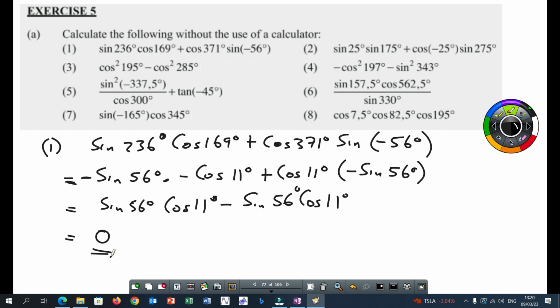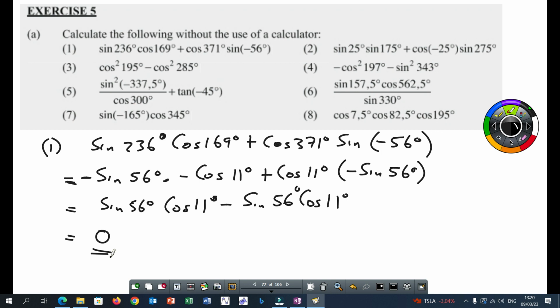Let's say we convert this one here to cos, so that you end up having cos 34 degrees, right? Then you can leave this as is, you convert this one here to sine, and you get sine 80, sorry, it will be 79.